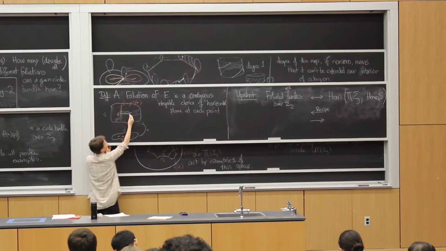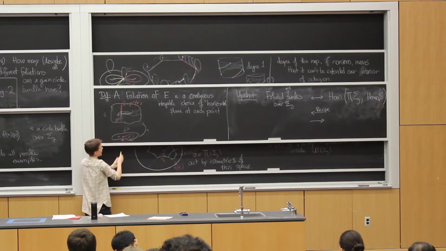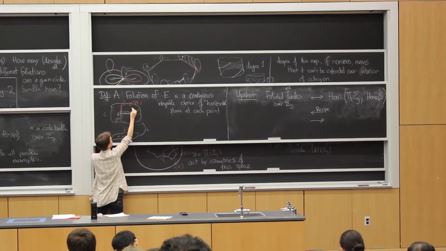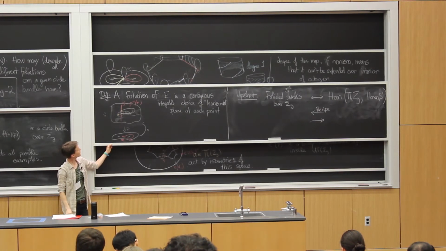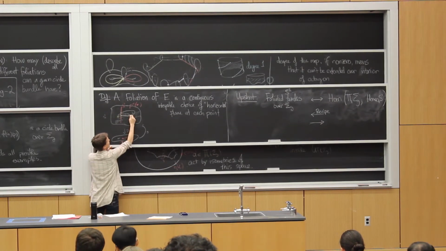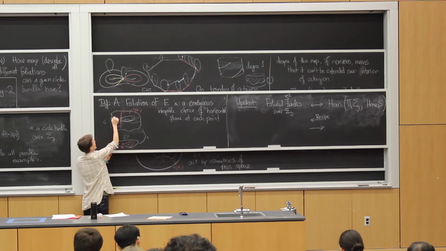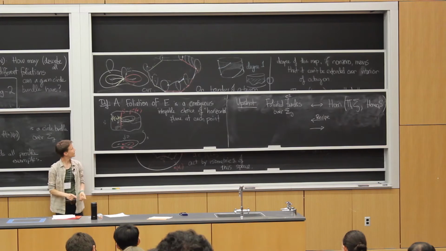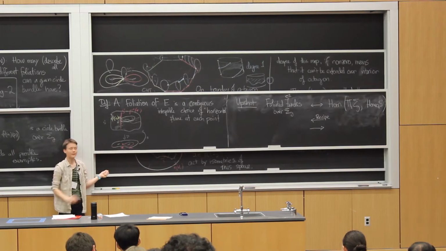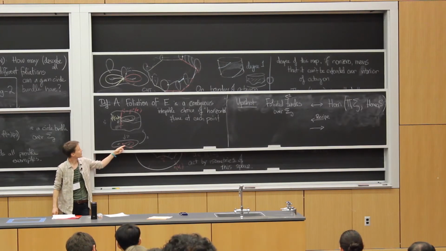It might wrap around in some strange way. But if I keep following this, I'll end up somewhere back over the base point, but maybe at another point. So this is called taking the horizontal lift, and I'll define that to be phi A of x. And you check that this is a well-defined homomorphism from your fundamental group.